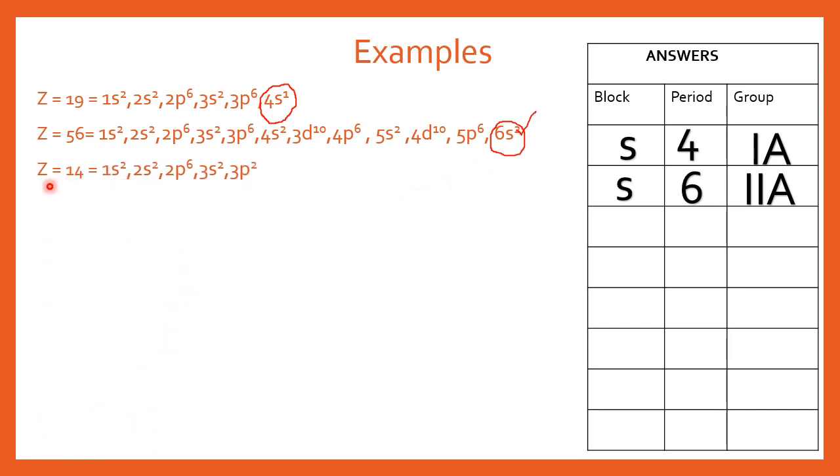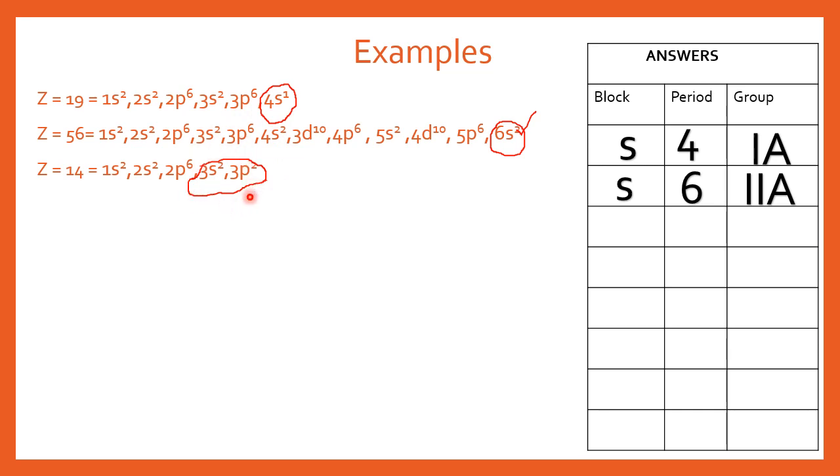Coming to the third example, this is an element having atomic number 14. You will check the electronic configuration of this element: 1s2, 2s2, 2p6, 3s2 and 3p2. Now here you will see that the highest number is 3 and it is found with s as well as with p. That's why we will count both s and p orbitals, and both are present in the valence shell.